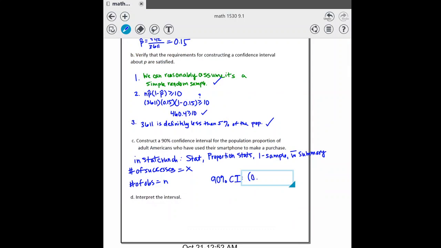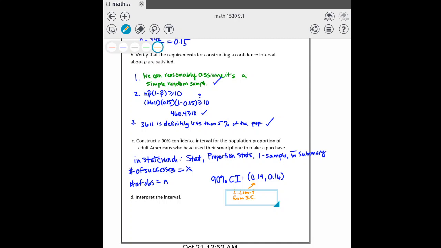So 0.14 and 0.16. There we go. Maybe we should write a note since I wasn't able to draw on the StatCrunch. This is your L limit from StatCrunch.